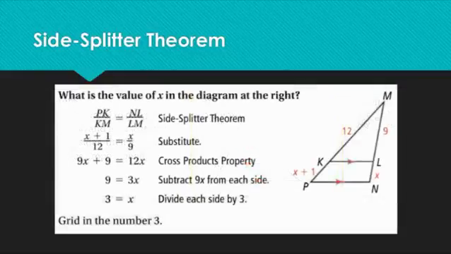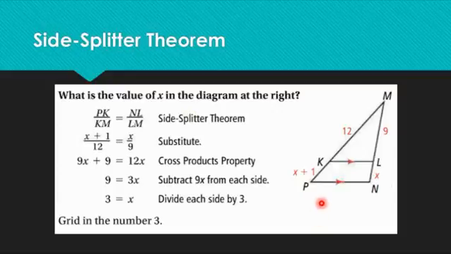So if I look at an example of how we could use that, we might have a triangle that looks like this. And I might have to find a certain missing length or a variable, in this case x. So I'm going to set up the proportion PK to KM is equal to LN to LM.